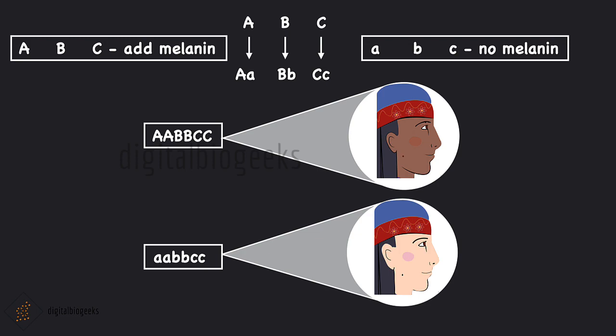We know that a lot of combinations are possible, like capital A small a, capital B small b, capital C small c, and capital A, capital B small b, capital C small c, etc. The people with more dominant alleles will be dark and the people with more recessive alleles will have lighter skin color.